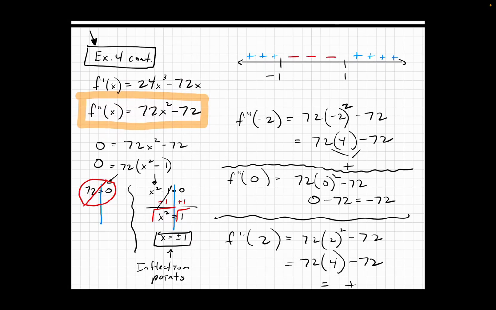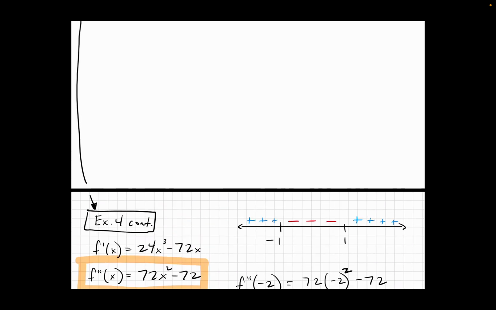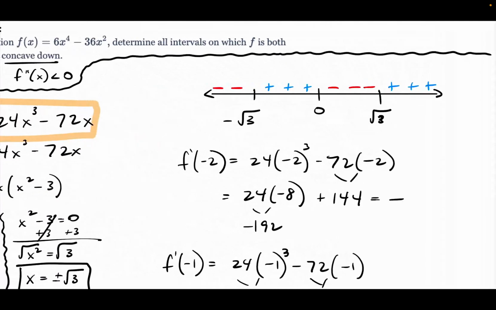Okay. Now I have to superimpose both number lines right on top of each other to solve this. So my first number line, for the first derivative, was up here: negative square root of 3, 0, and positive square root of 3, right?